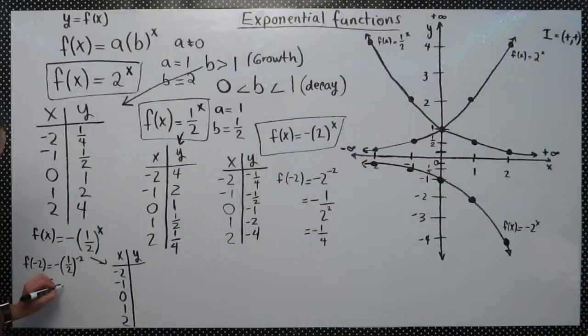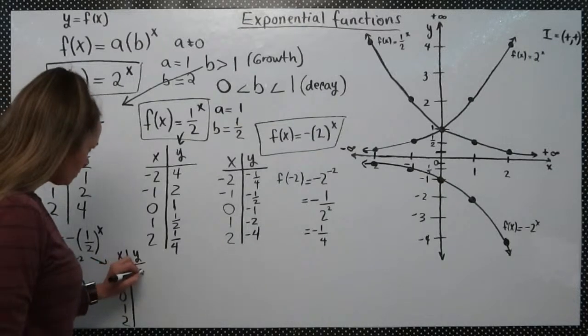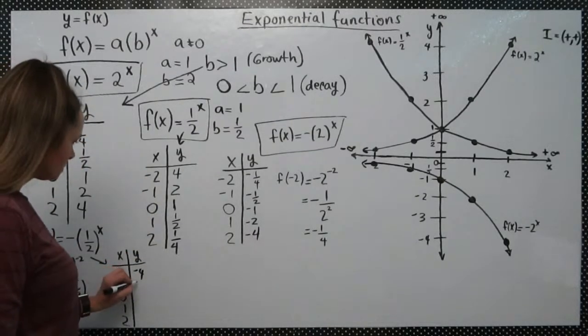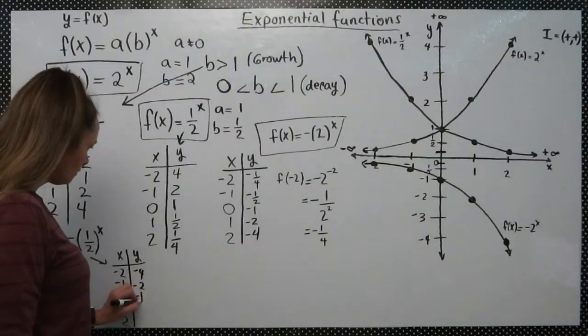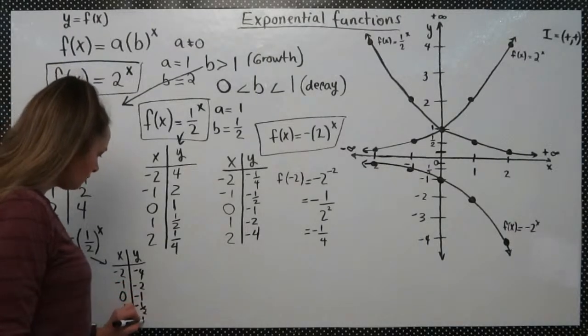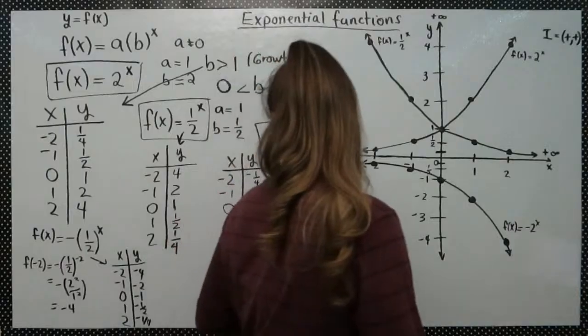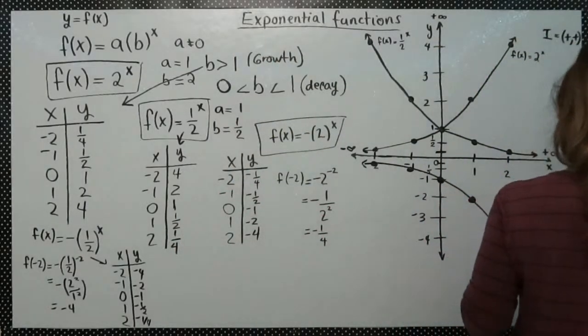We're going to reciprocate both of those. So that becomes 2 squared over 1 squared, which equals -4 over 1. So that's -4. So it's going to be -2, -1, -1/2, and -1/4. Let's sneak it in there. And then we'll go ahead and plot that graph here.